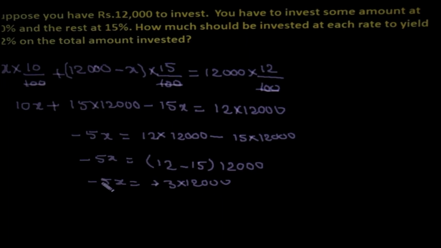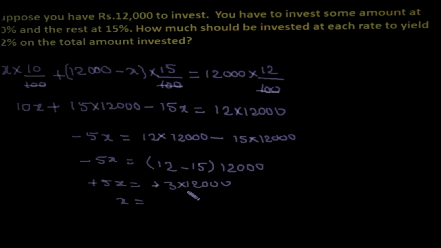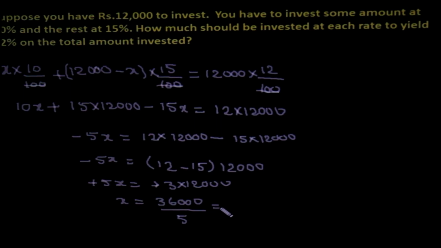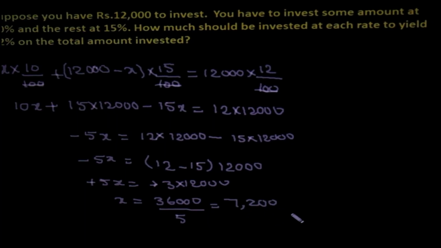Minus minus get cancelled. x is equal to 3 into 12,000, that is 36,000, divided by 5. That gives 7,200.